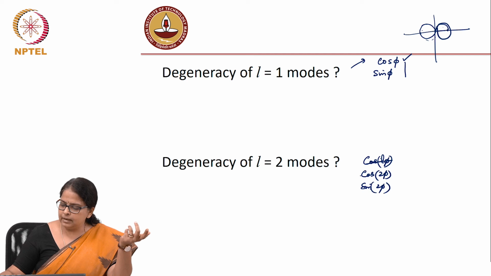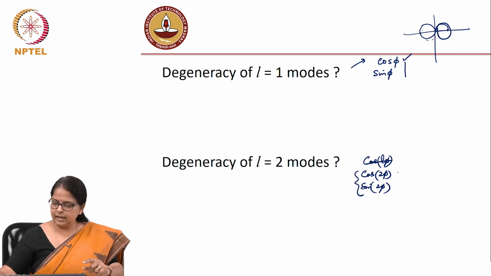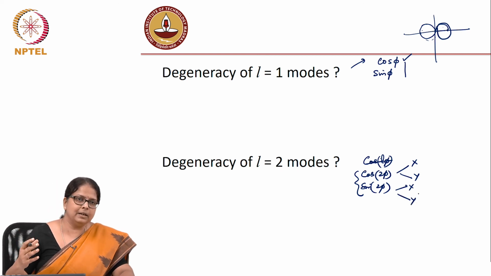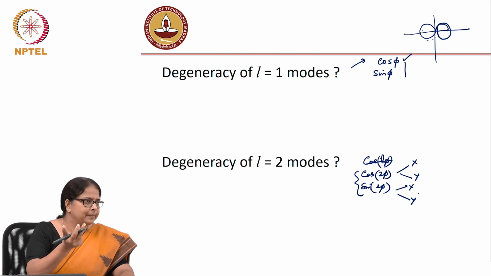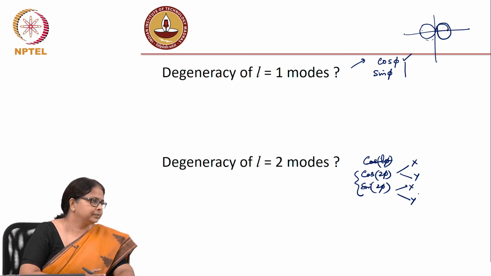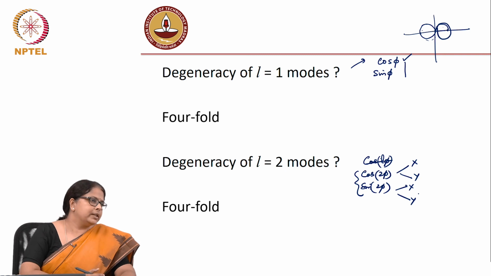These are the possible solutions in the azimuthal direction, and each of them will have x polarization and y polarization. So I will have 4 possible values of azimuthal variations, which will give me the same value of beta. The answer is 4-fold for both. We will understand this once again when we write the complete solution.